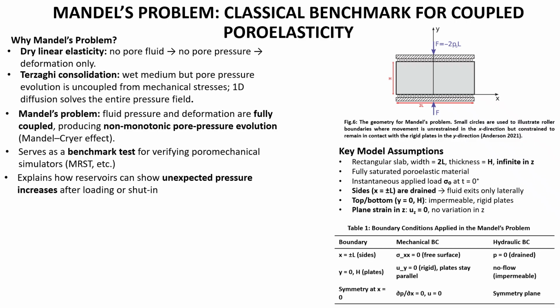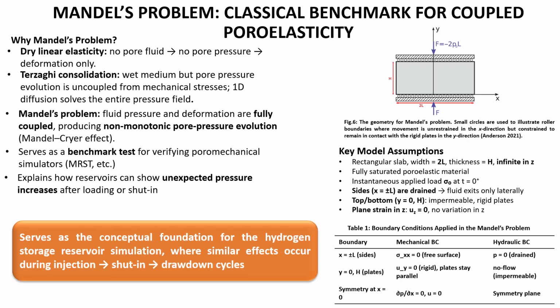I've also listed the table. You can see table 1 shows the boundary conditions applied in the Mandel's problem, which I have mentioned already. Importantly, this benchmark is important because the same mechanisms occur in hydrogen storage reservoirs as I mentioned earlier.